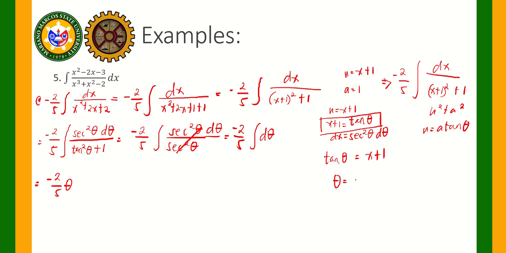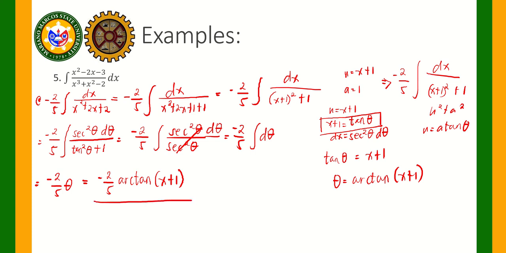So theta is equal to arctan of x plus 1. That is what we substitute for our theta here. So this will be equal to negative 2 over 5 arctan of x plus 1. So we applied the trigonometric substitution in this part, and we have this value.